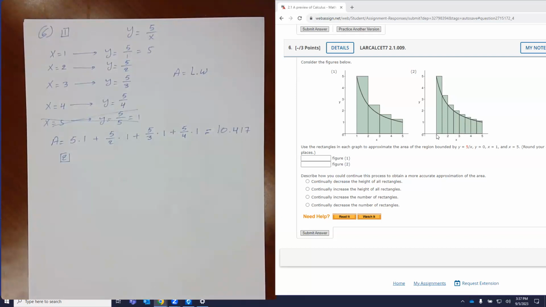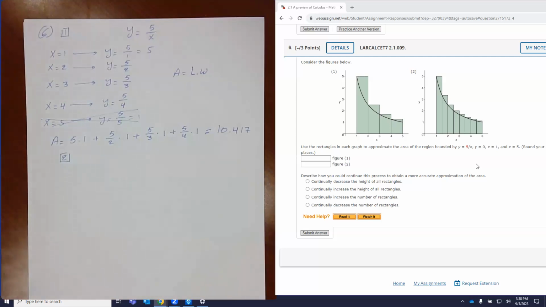That means we're going to divide each triangle here into 2 triangles and 2 triangles here. That means the width for each triangle is going to be 0.5. And we're going to go back and find the length for the first triangle, the length for the second one, the length for the third one, and keep going until we reach number 5.